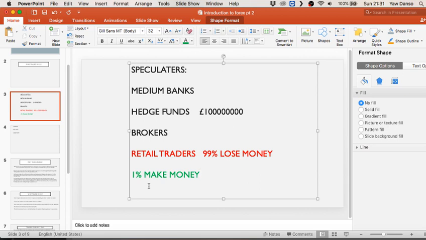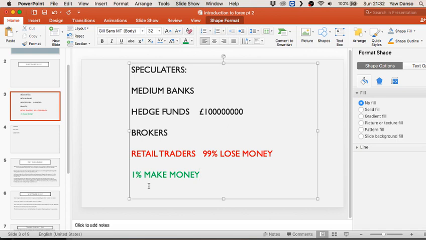If 99% of the retail traders, which is the category we are in, lose money, and 1% makes money, then it makes sense to do what that 1% is doing, so we can also make the money. And if you look at the ratio, it's so huge. If 99% are losing and 1% are making, that means that 1% is making a lot of money.